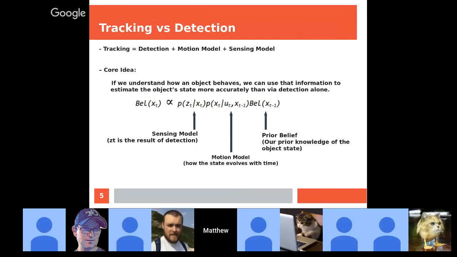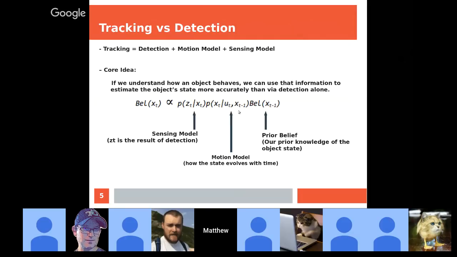So I've put this core idea in words, but it comes down to this equation from the problem set, which I believe is also shown in lecture, where a belief in the state of the particle, so x of t is not just an x coordinate, it's an entire state vector, is proportional to the probability of getting the most recent measurement we got given the state at time t, multiplied by the probability of getting the state x of t given our prior state and the known motion.